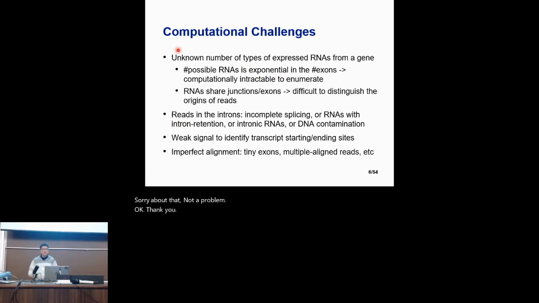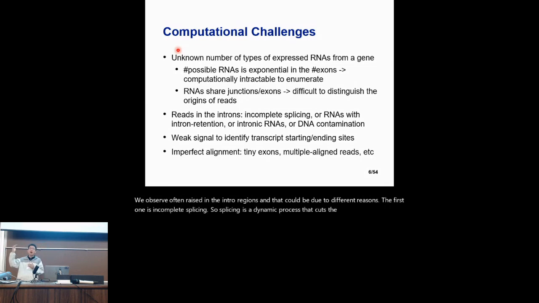Okay. So the second challenge is that we often observe reads in the intron regions, and that could be due to different reasons. The first one is incomplete splicing. Splicing is a dynamic process that cuts the intron out from the pre-mRNA to get the mature mRNA, and RNA-seq is a snapshot.